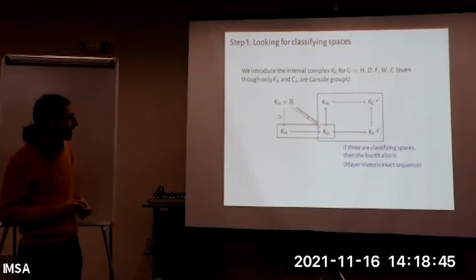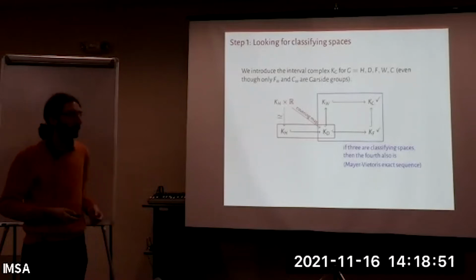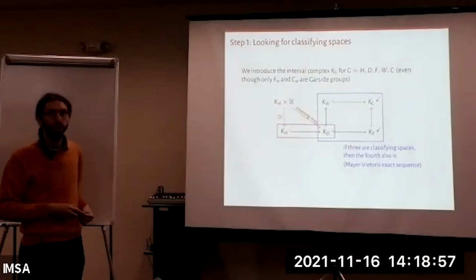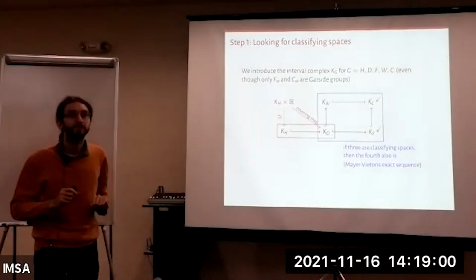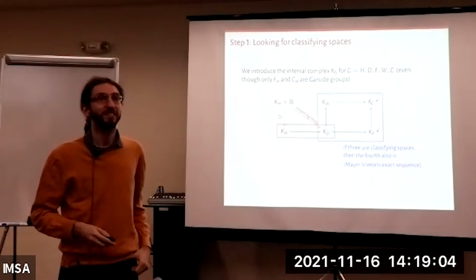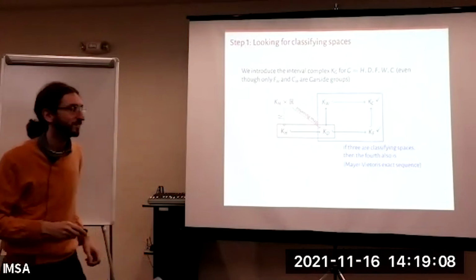So up to homotopy equivalence, these two complexes are related by a covering map. So one is a classifying space if and only if the other is. My Vietoris is homological. Sorry. My Vietoris is homological. Yes, but you're doing the homotopy. Yes, no, that's true.